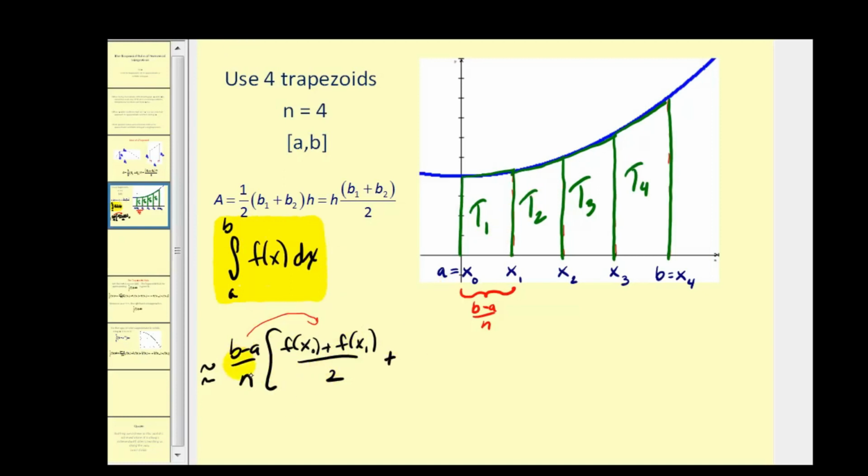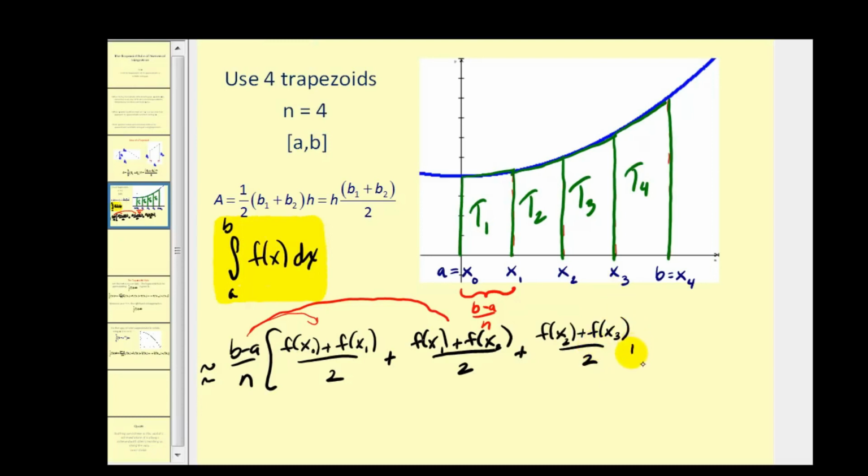Since the height is the same, we'll just write the sum of the two bases divided by 2 here for the second trapezoid. Well, that would be f of x sub 1 plus f of x sub 2 divided by 2. So this product would be the area of trapezoid 2. For trapezoid 3, we have f of x sub 2 plus f of x sub 3 divided by 2.